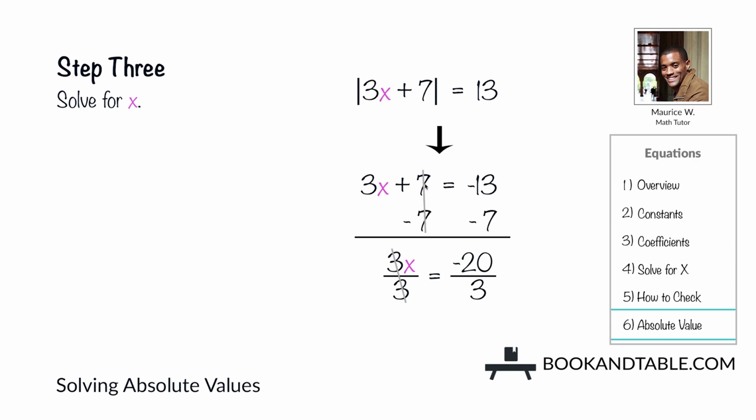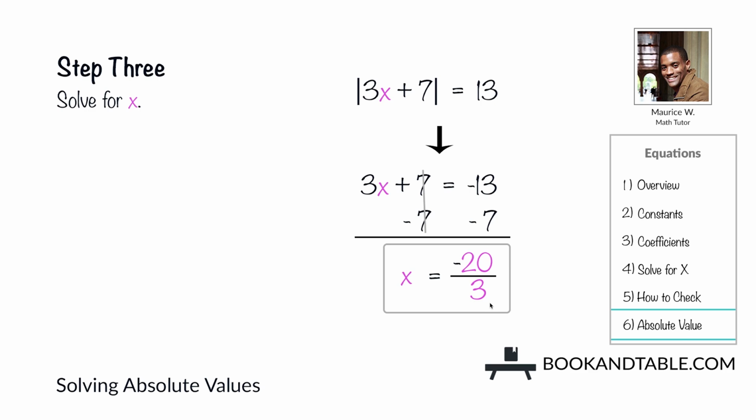So we first start off by removing the constant positive 7 by subtracting 7 from both sides, leaving you with 3x on the left side and negative 13 minus 7, which is negative 20, on the right side. And then to remove this coefficient, positive 3, we need to divide both sides by positive 3, leaving us with x is equal to negative 20 over 3.